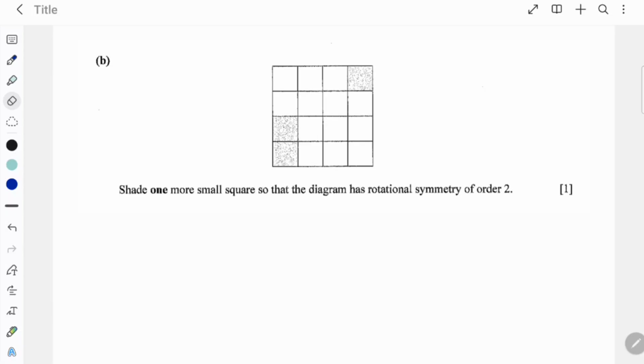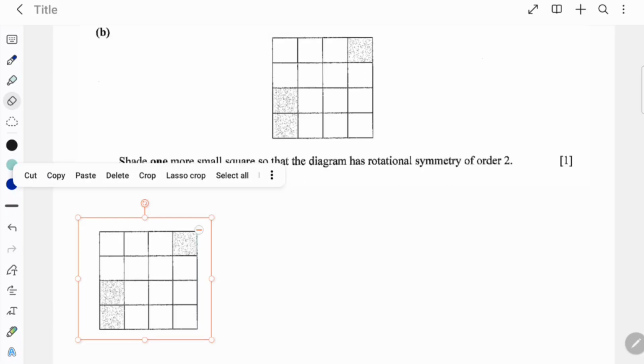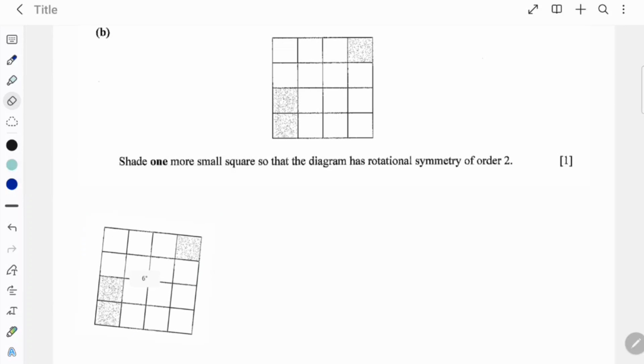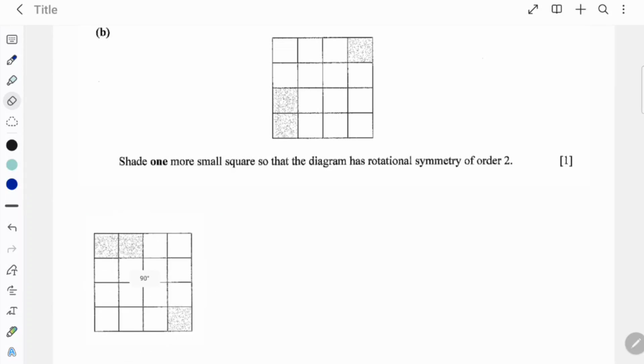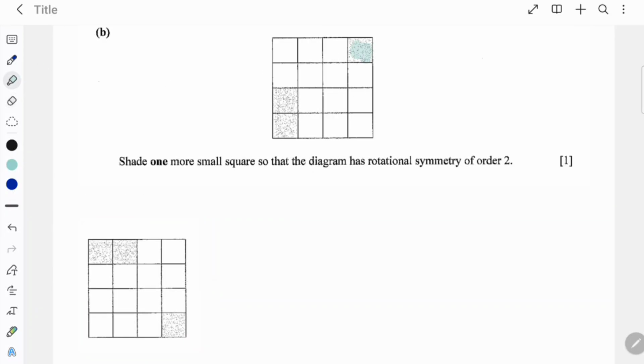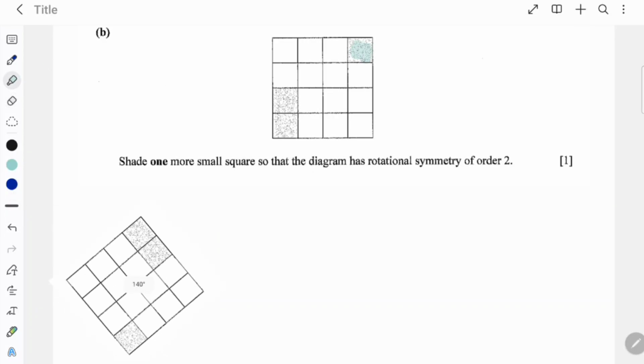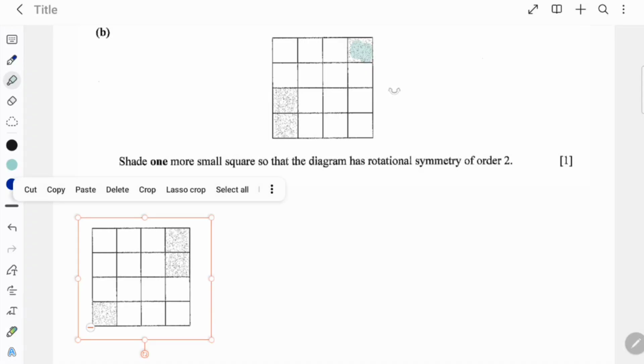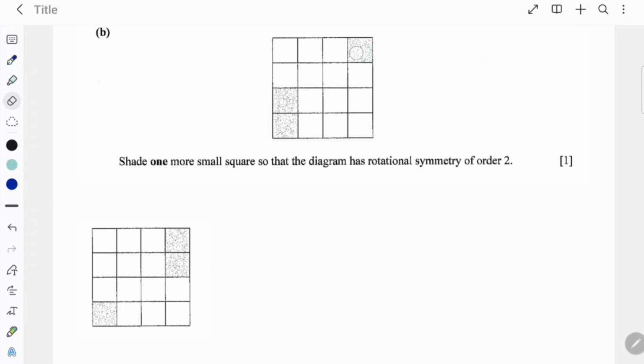If I rotate it through 90 degrees, it cannot be, because at the top portion it is shaded. Now I'm going to rotate 180 degrees. So if I shade this one more small square, then it will be the same.